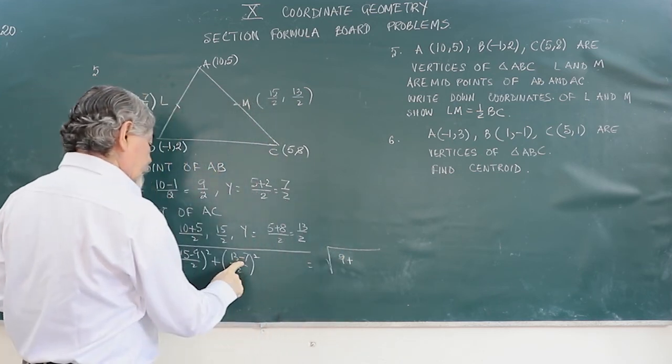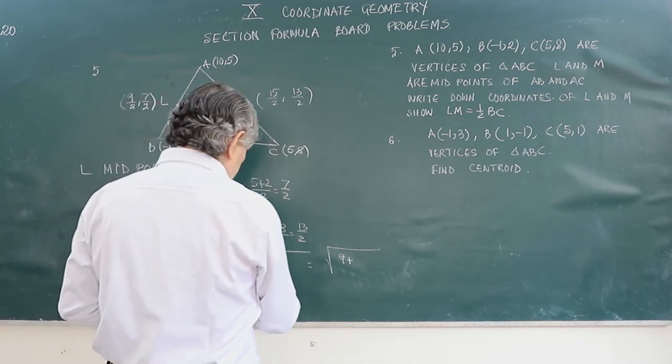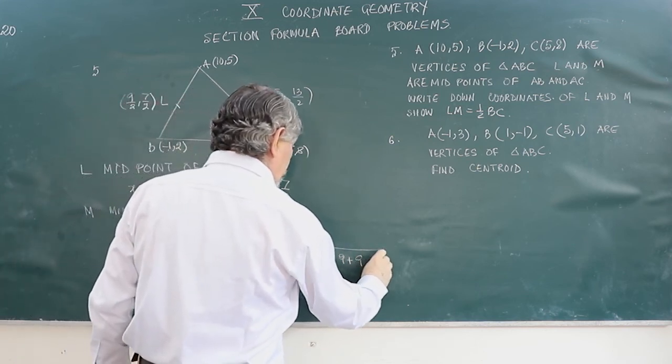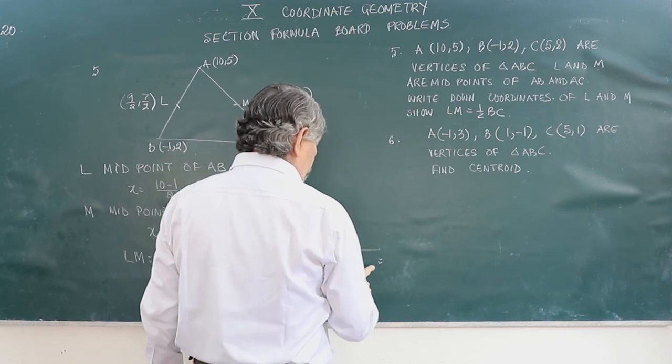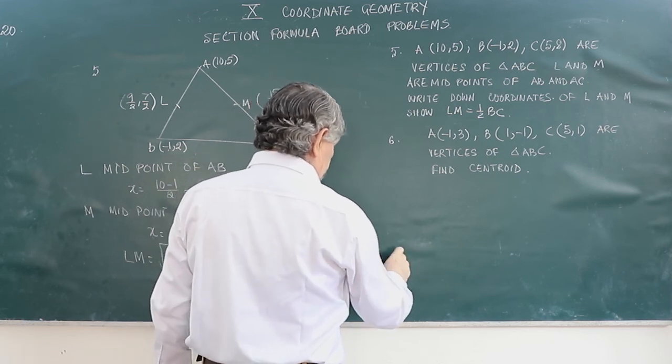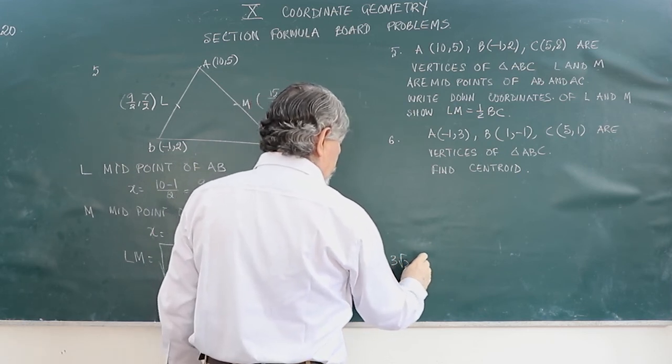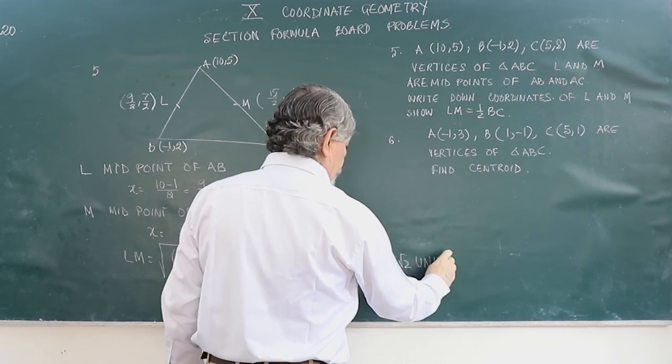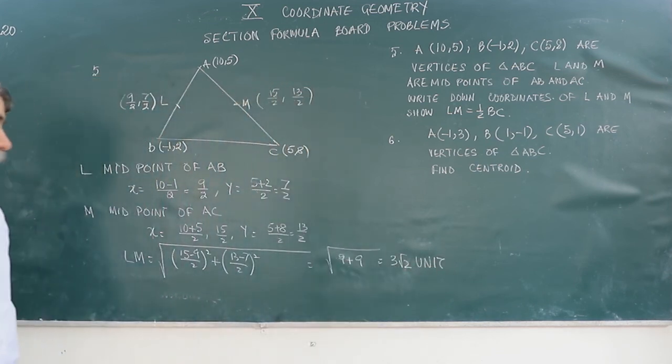Here 13 minus 7 is 6, 6 upon 2 is again 3, 3 whole square is 9. So it will be the root of 18, that is 3 root 2 unit.